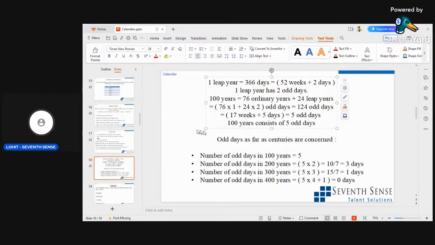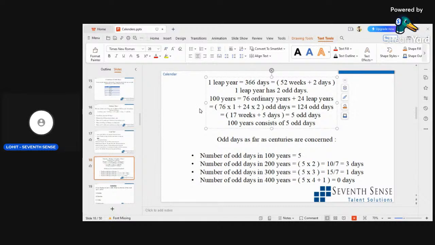The second one is 0 to 200, the third is 0 to 300, and the fourth is 0 to 400. I have only written these four, 100, 200, 300, 400, because you get the same thing for 500, 600, 700. So you don't need to calculate again and again; you can copy and paste it. That's it.